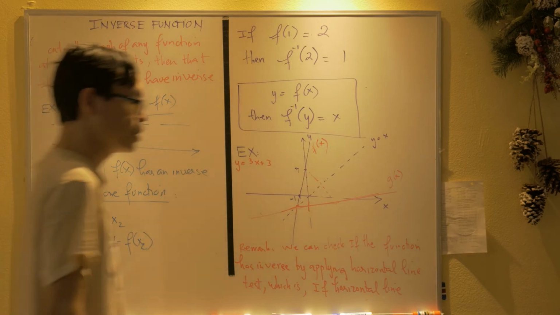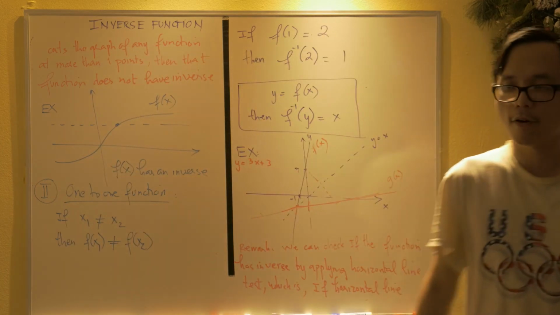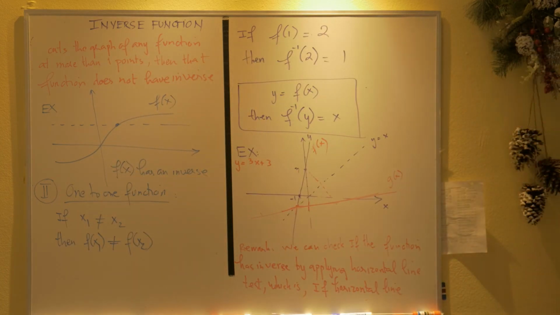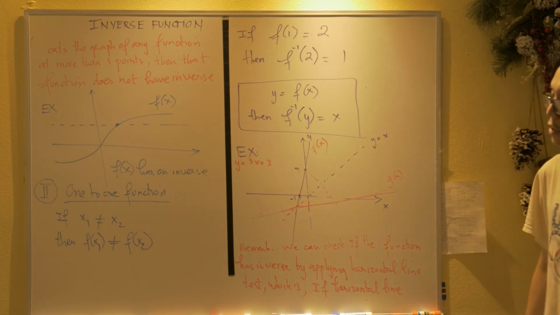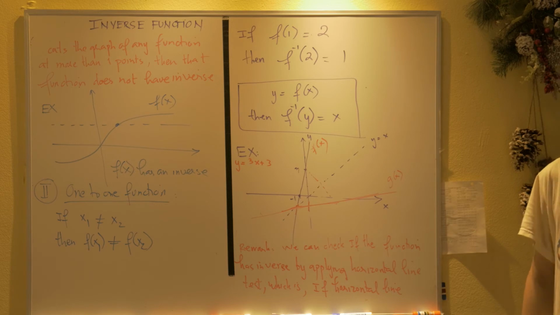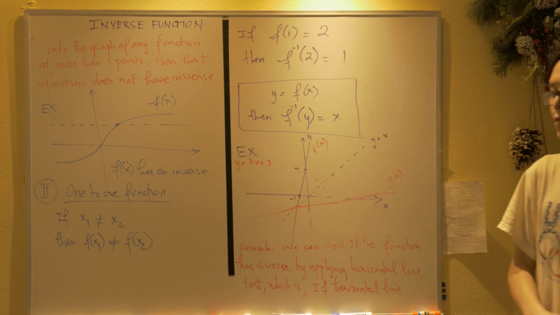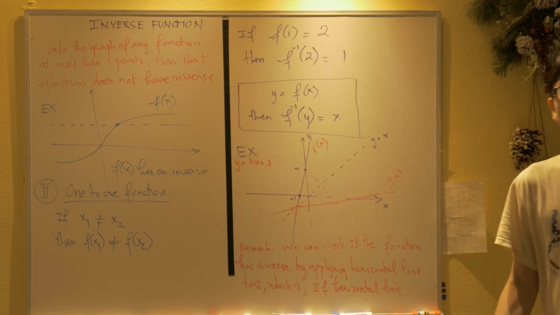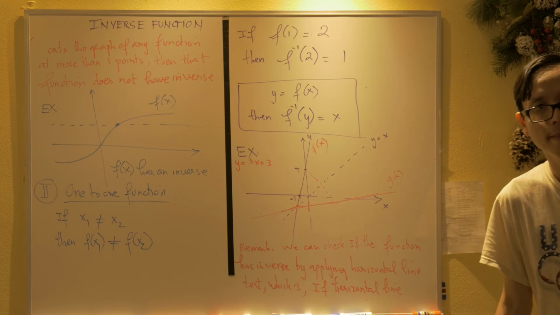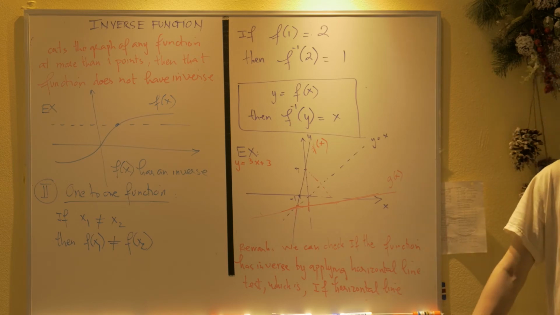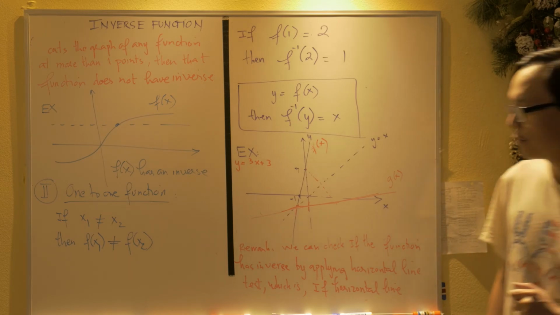Okay, that is the condition for a function to be one-to-one. If x1 is different from x2 and f(x1) is the same as f(x2), then it's not one-to-one, and because it's not a one-to-one function, the function doesn't have an inverse. Does that make sense to you? Okay, so remember that.